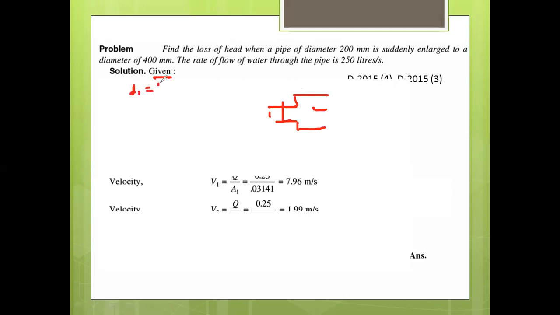D1 is equal to 200 mm, means 0.2 meter. D2 is equal to 400 mm, 0.4 meter.